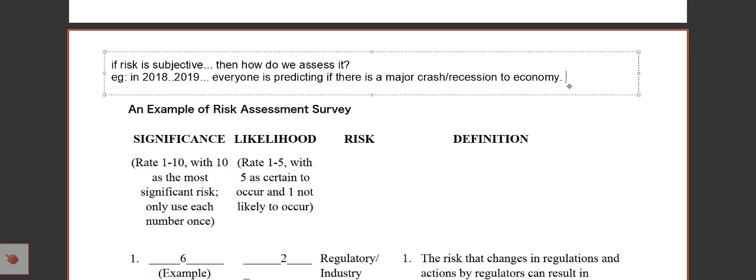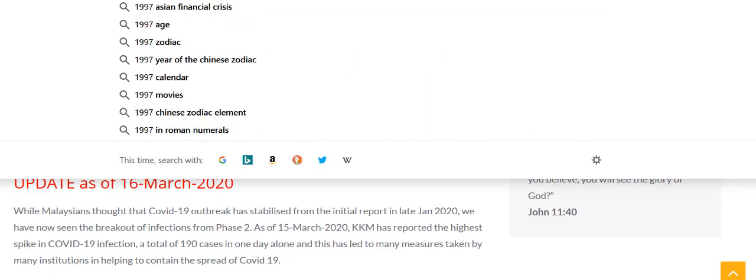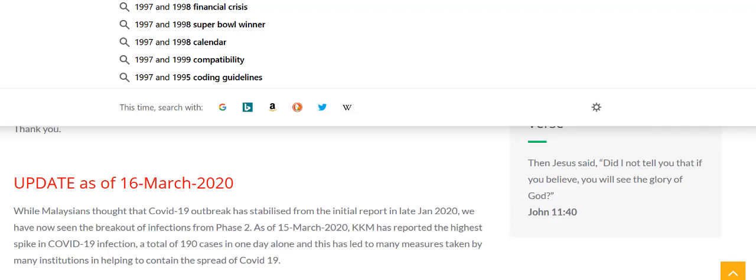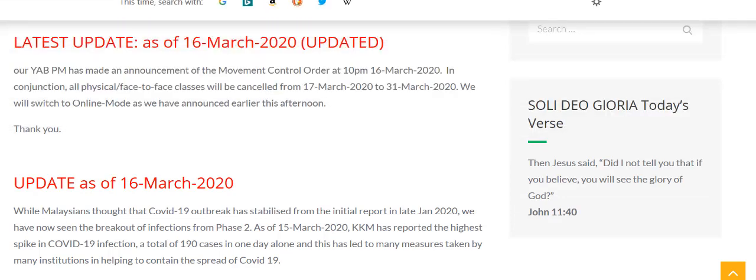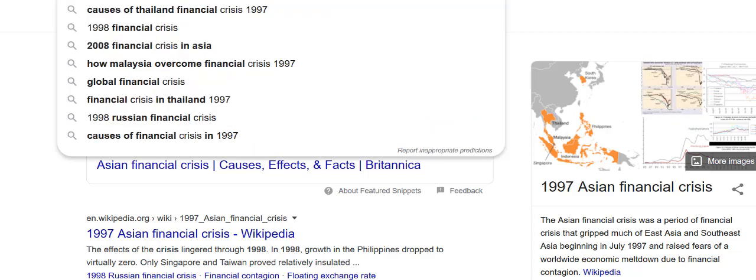In 1997, there's a crash in the economy, but 1998 it's a worse crash. Now, 1997 and 1998, there was this Asian financial crisis. 97 was not so bad, okay? 98 was worse.